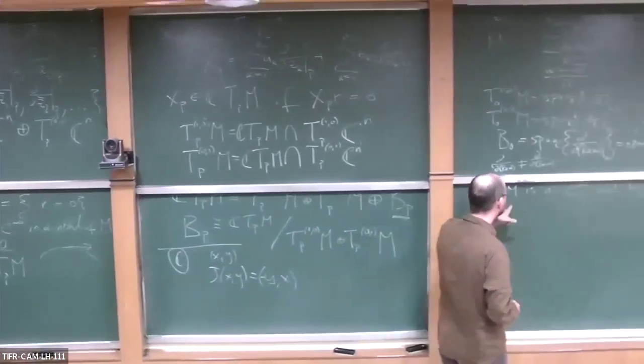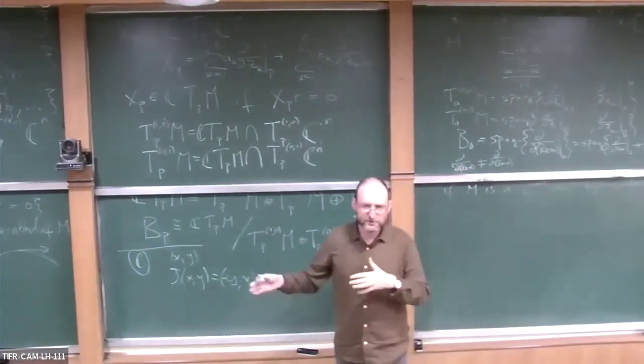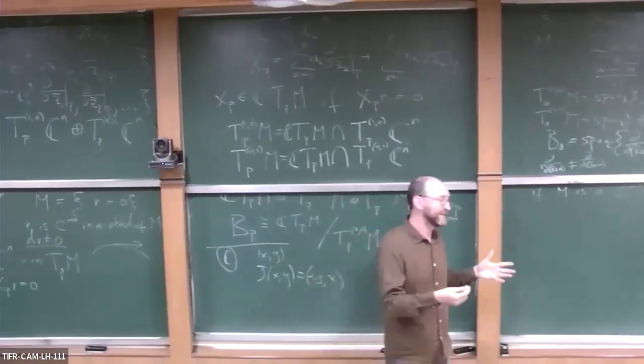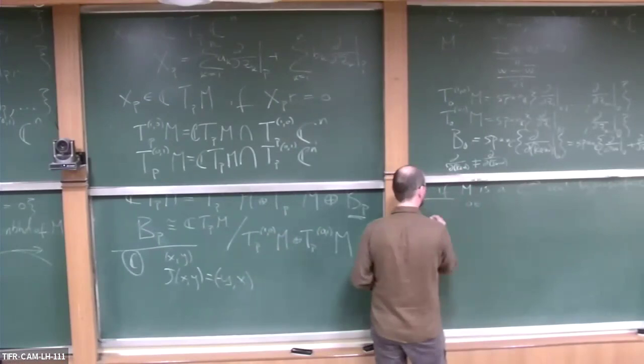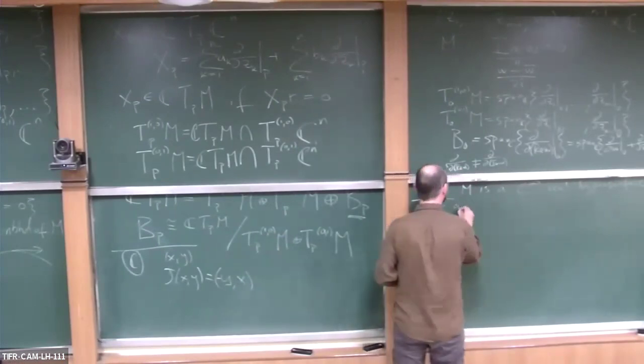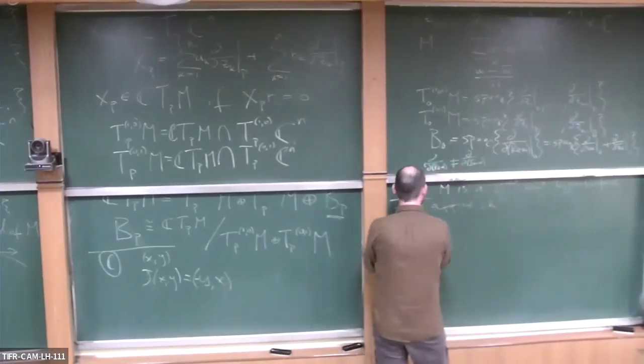So if you have a real hypersurface, I could always translate it and think of the point as being at zero. Maybe I should say complex affine.